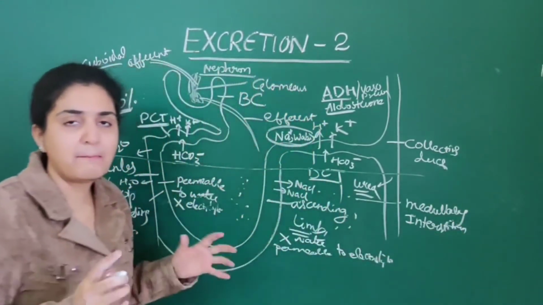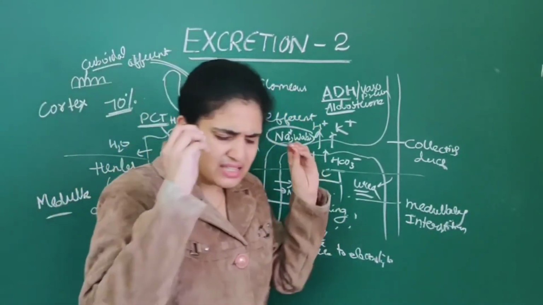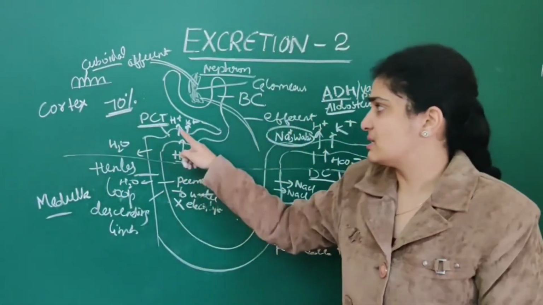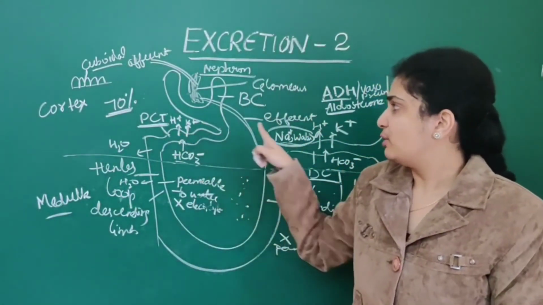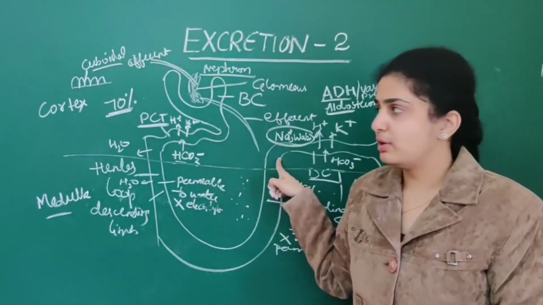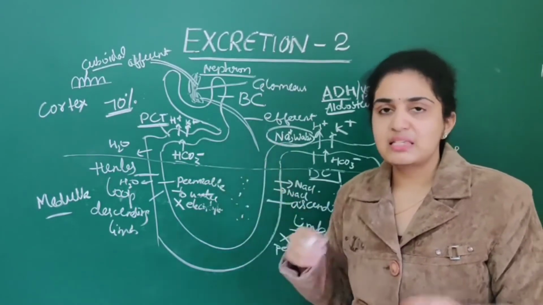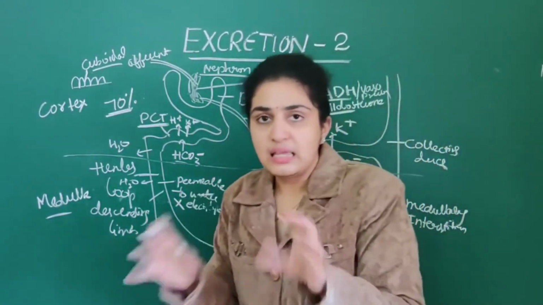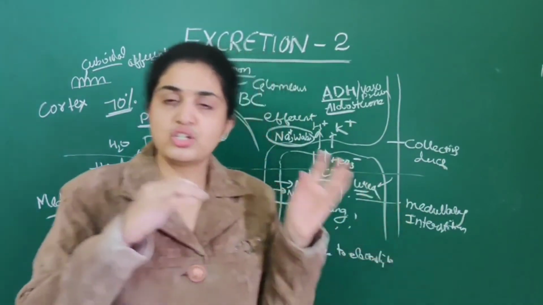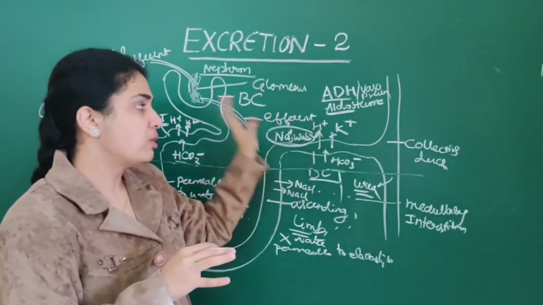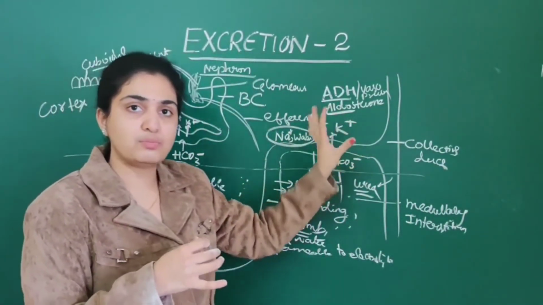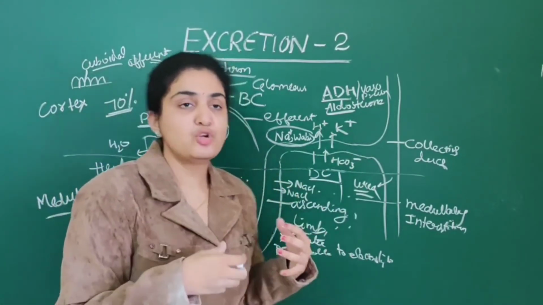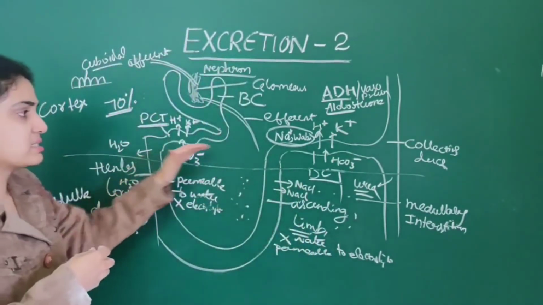So how can you remember this? Simply remember like this. The proximal convoluted tubule as well as the distal convoluted tubule help in secretion of the same things, that is hydrogen as well as potassium. Both are secreted out, hydrogen and potassium. Both also help in absorption of bicarbonates.